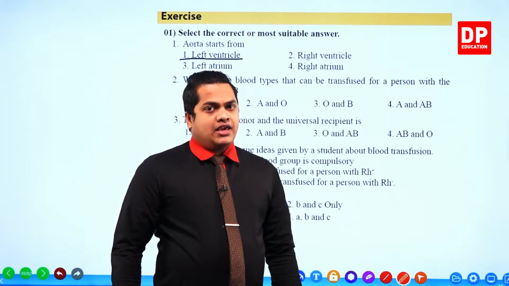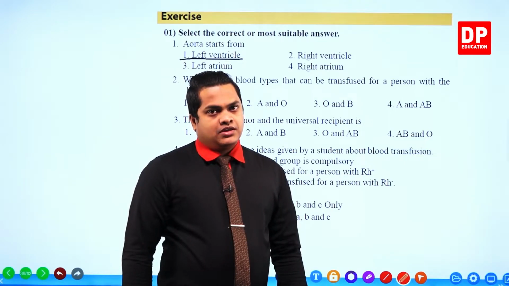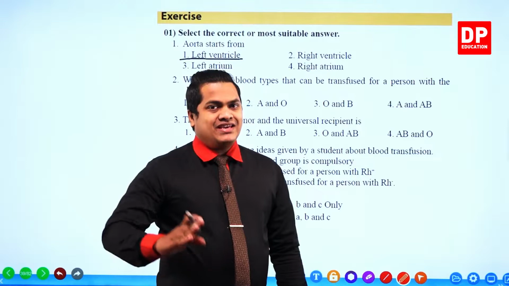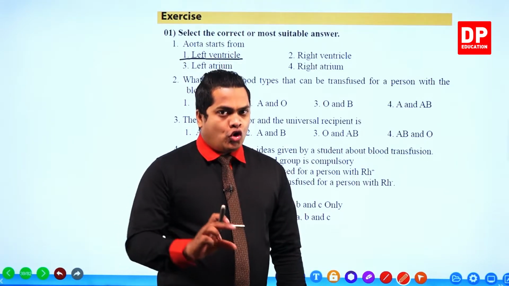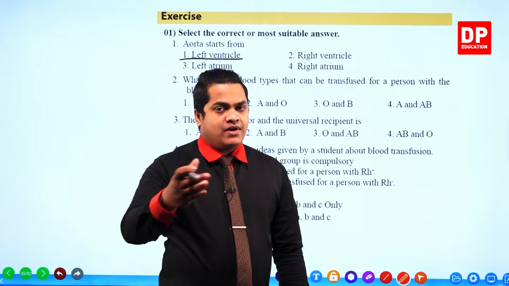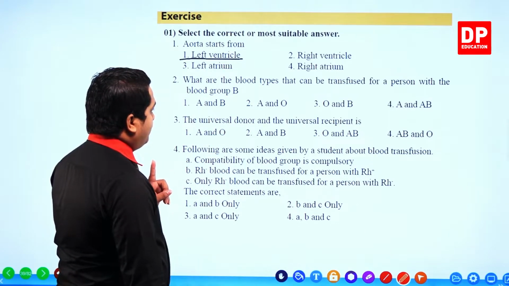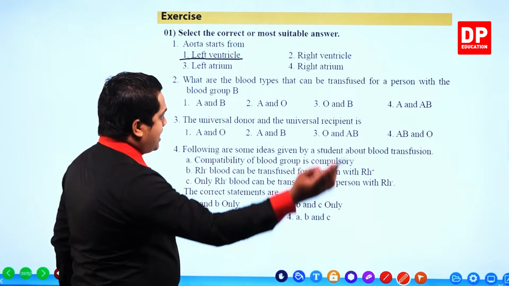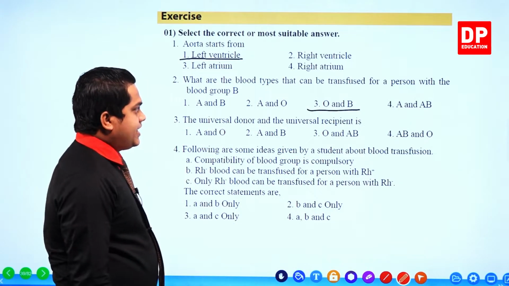So blood types that can be given to B. So B and B is matching. O group can give blood to B. So B and O, answer is number 3. B and O.